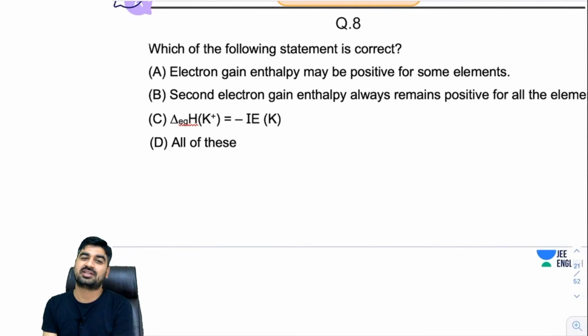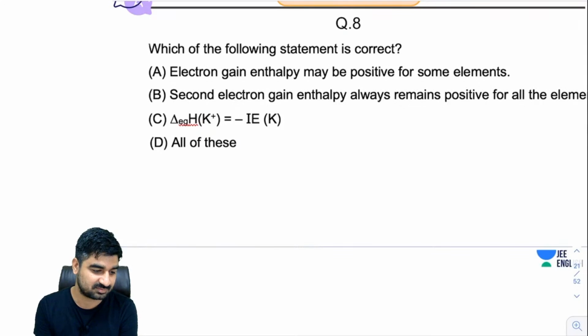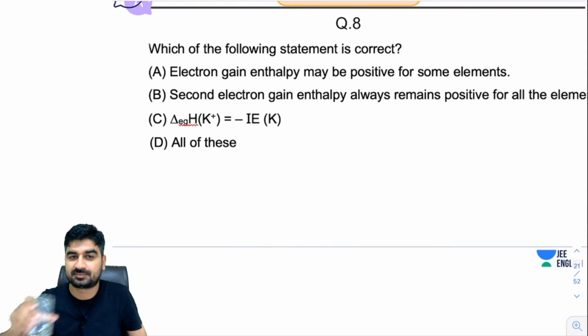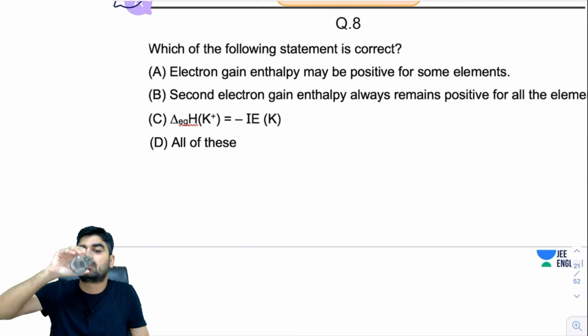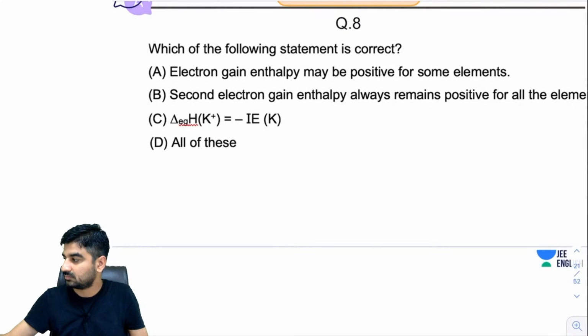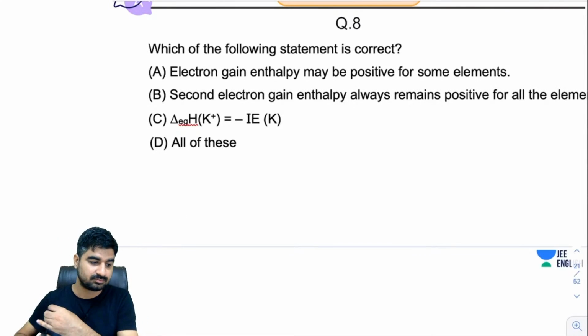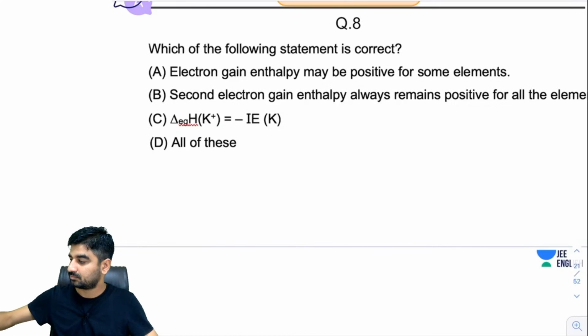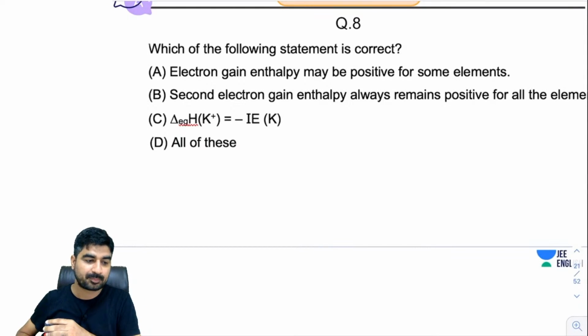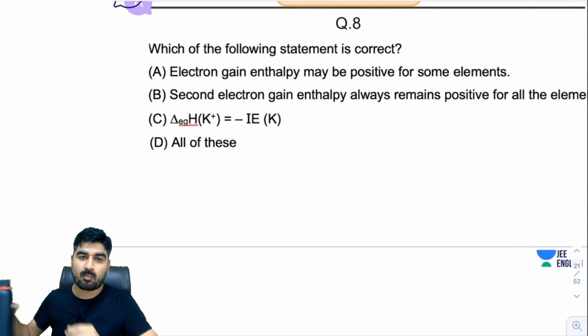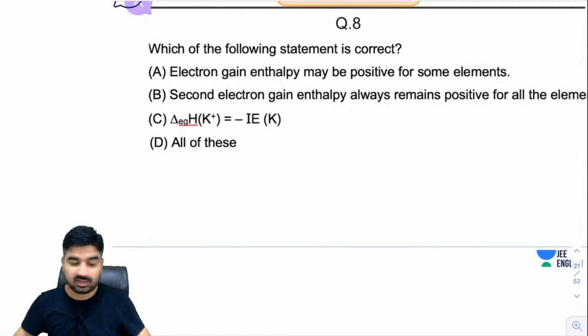Which of the following statements is correct? Yes, do it.